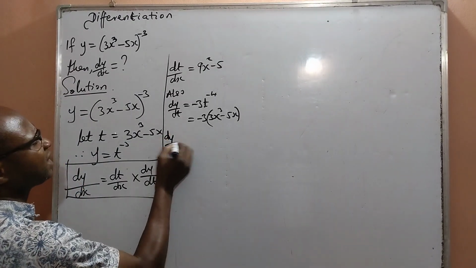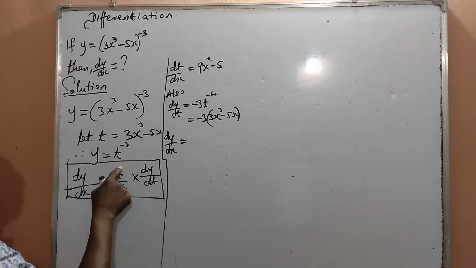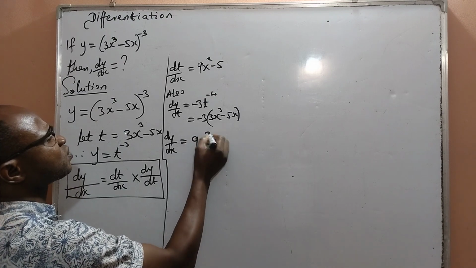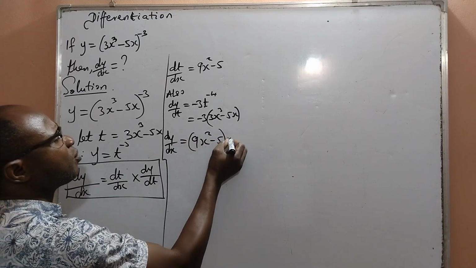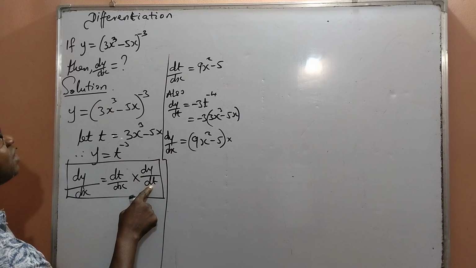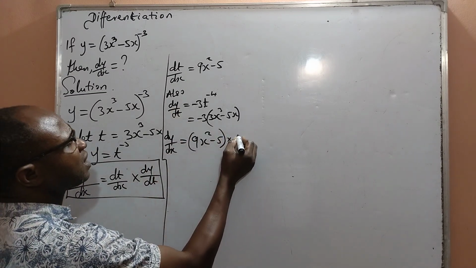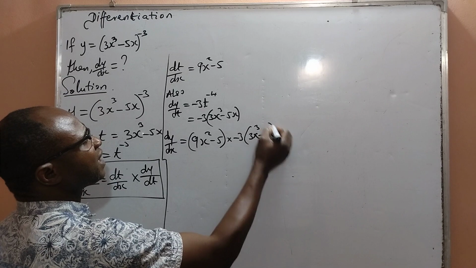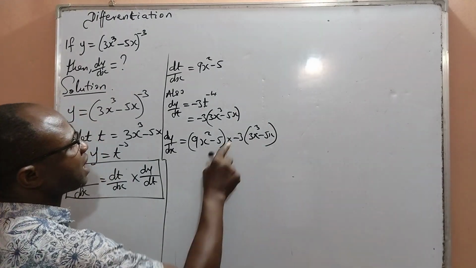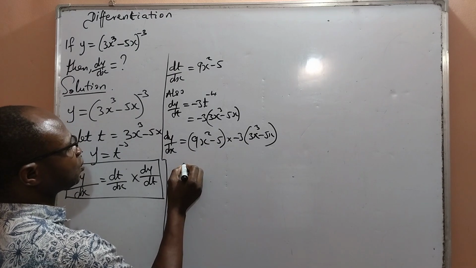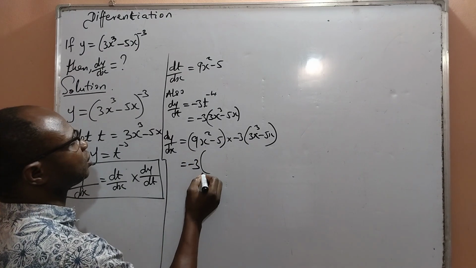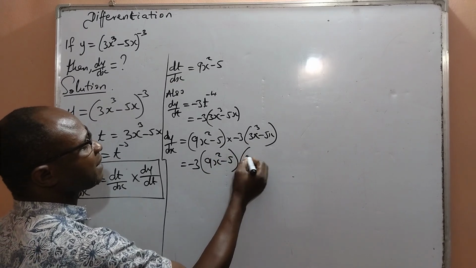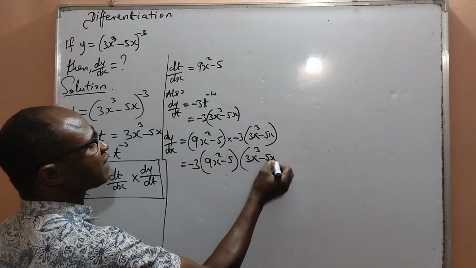Finally, dy/dx is given by dt/dx, which is 9x^2 - 5, multiplied by dy/dt, which I have gotten as minus 3 into (3x^3 - 5x). Beautiful. Alright, I want to move this minus 3 to the front to give me minus 3 into (9x^2 - 5), everything multiplied by (3x^3 - 5x).